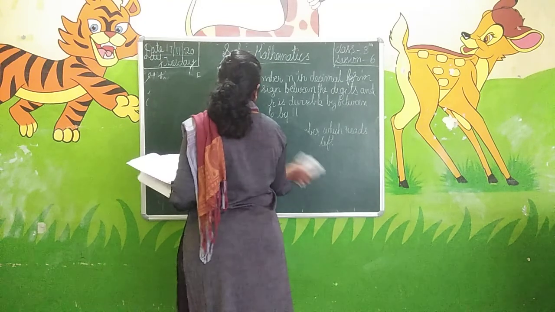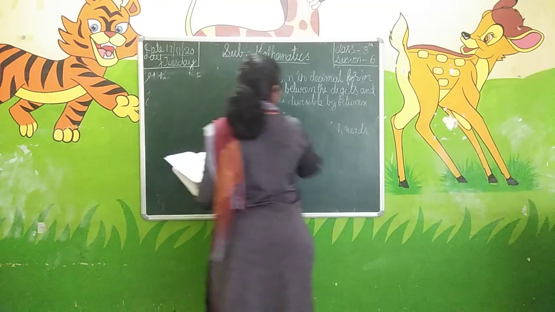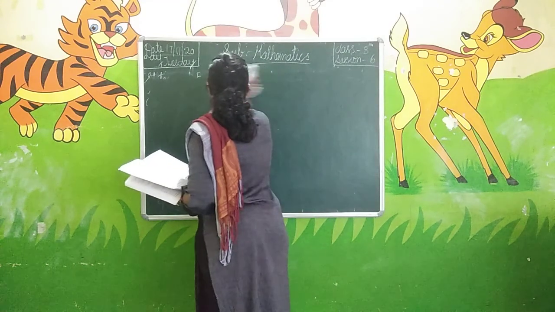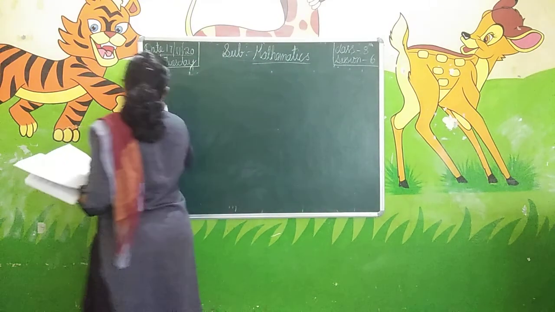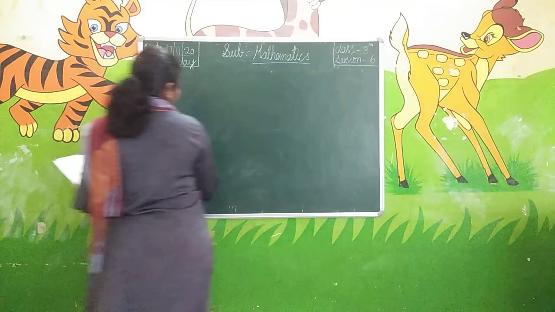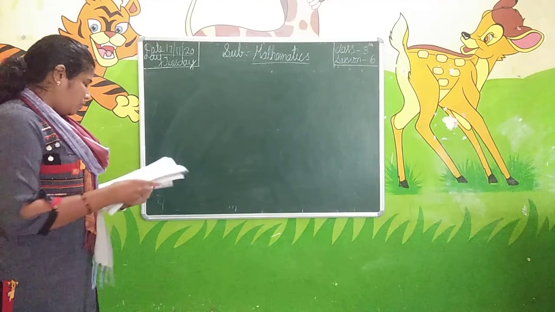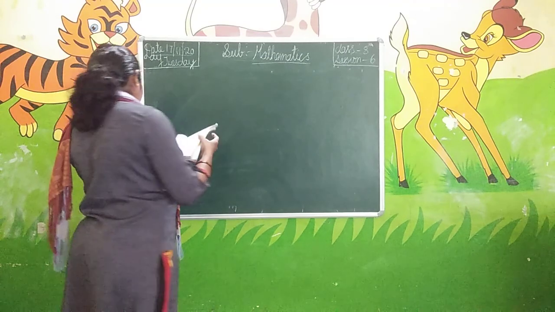The number which is divisible by 4 is also divisible by 2, so they have not given 2 there. And the number which is divisible by 3 is not necessarily divisible by 9, so they have given only 3, 4, 5 and 11.